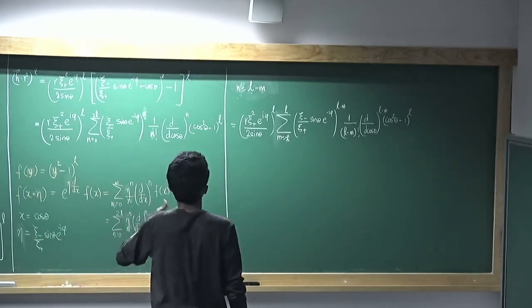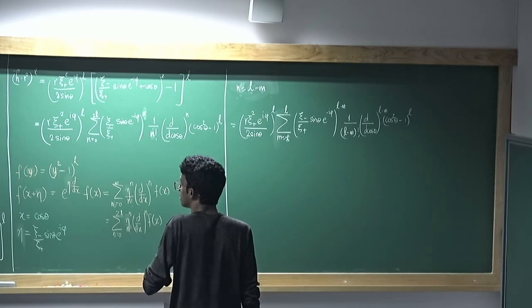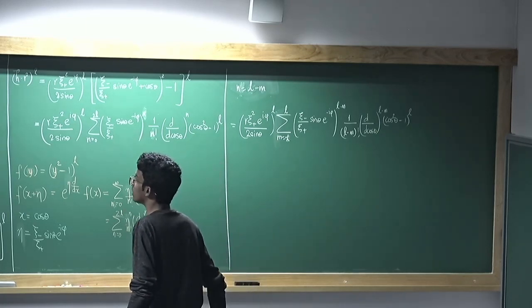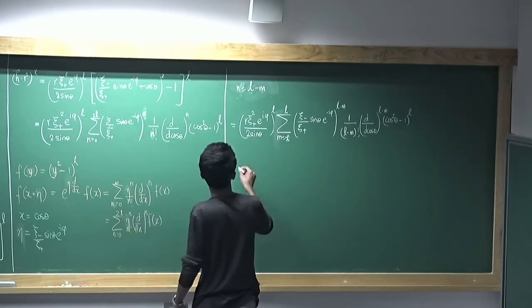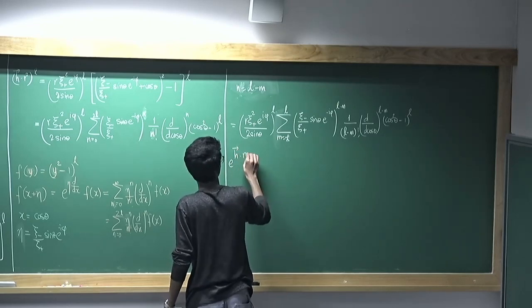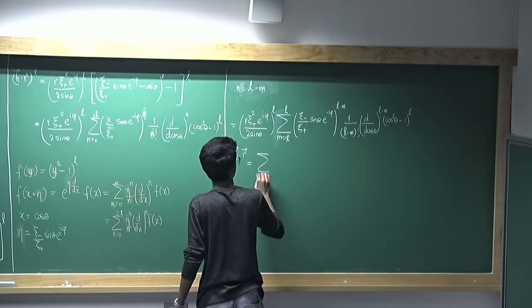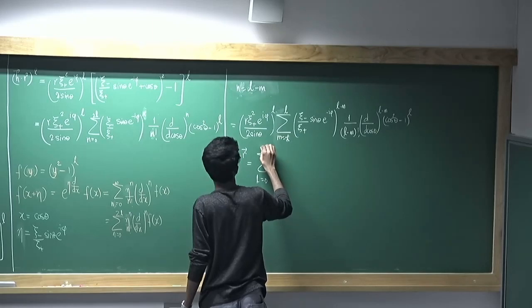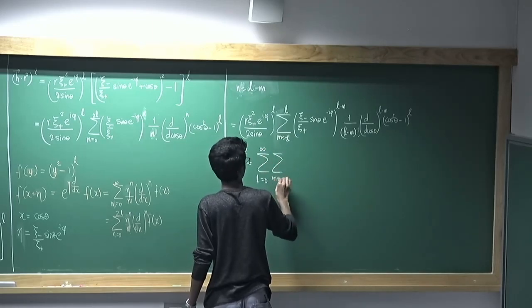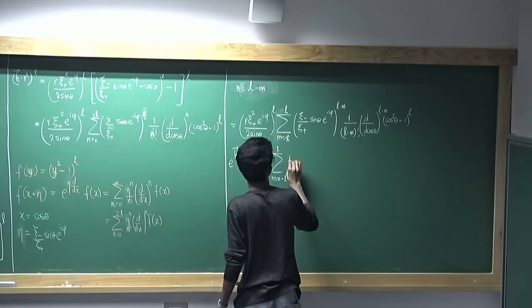Okay, so we have all the ingredients we need. Now let's just put it into the generating function. So e to the h dot r becomes summation L equal to 0 to infinity, summation m equal to minus L to L, 1 by L factorial.